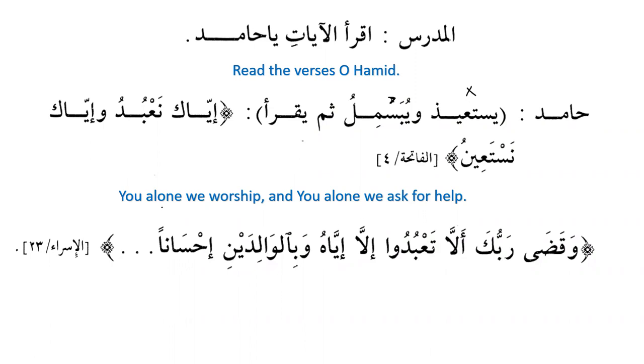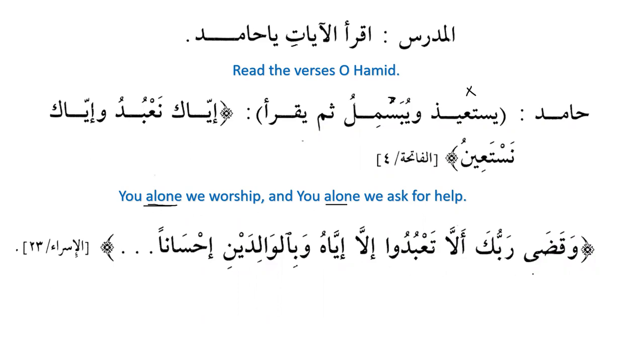So here, if you look at the meaning, sometimes you will see the translation: it is you whom we worship and it is you we ask for help. In some translations, you will see: it is only you we worship and only you we ask for help. And also we have: you alone we worship and you alone we ask for help.